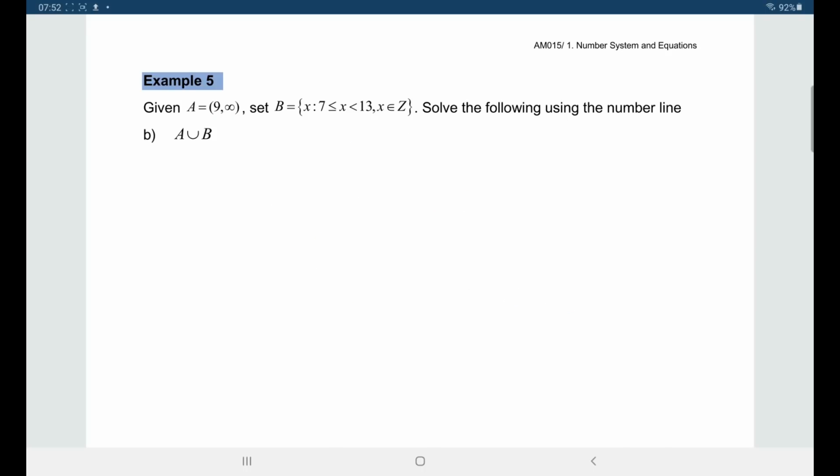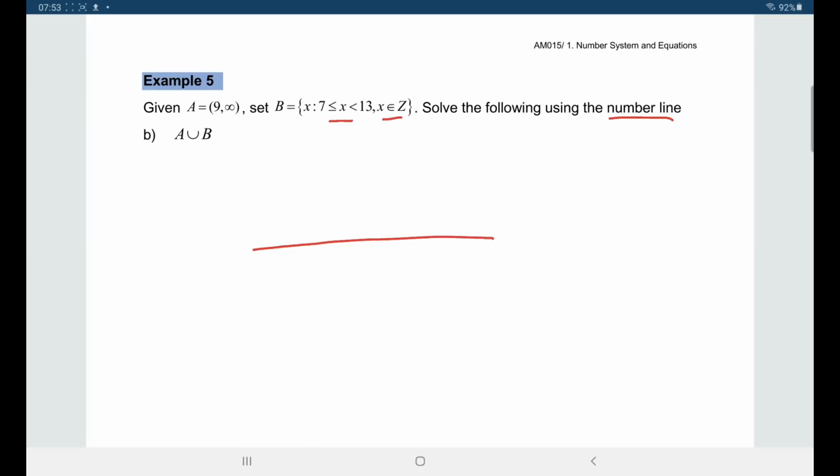Example 5. Given A equals infinite interval 9 to infinity, set B the set of x where x is greater than or equal to 7 and less than 13, where x is an element of set Z, integers. Solve the following using the number line. Okay, B, A union B. Okay, first step, draw the number line. Mark the number line using the end values of the intervals according to their values.